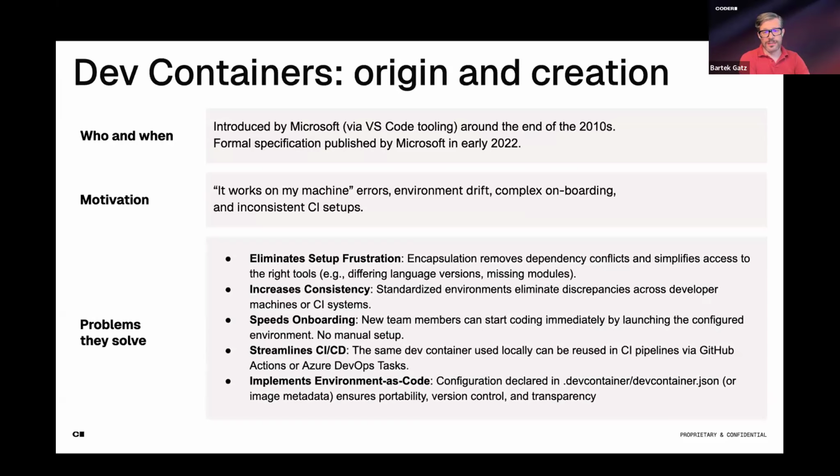Through its own existence, dev containers actually solve a bunch of very frustrating problems. This basically eliminates the frustration related to the incompatibility of the environment and the project itself, all the edge cases that might appear if the project is run or developed in a semi-official environment.